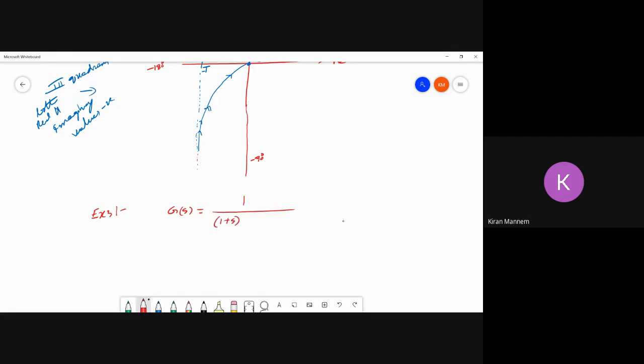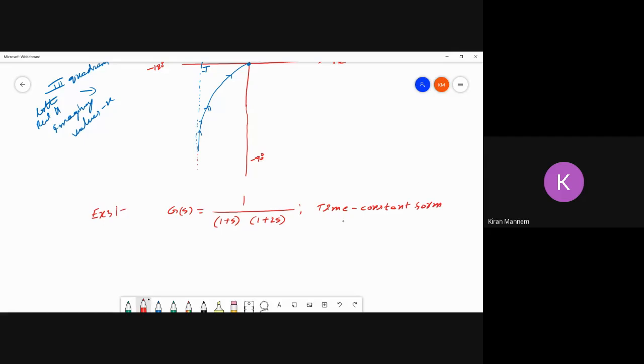We always remember your function should be in time constant form. So here it is in time constant form. So this is your function, and we should draw the polar plot for this function. That's the first step.